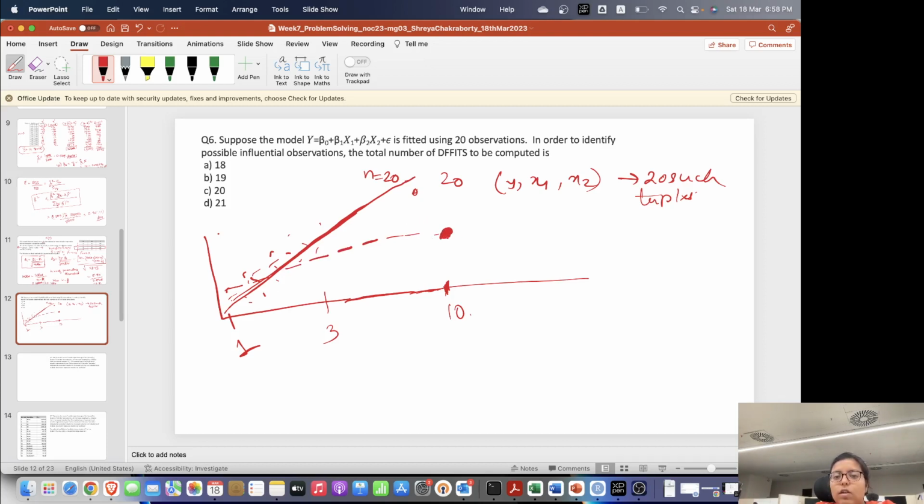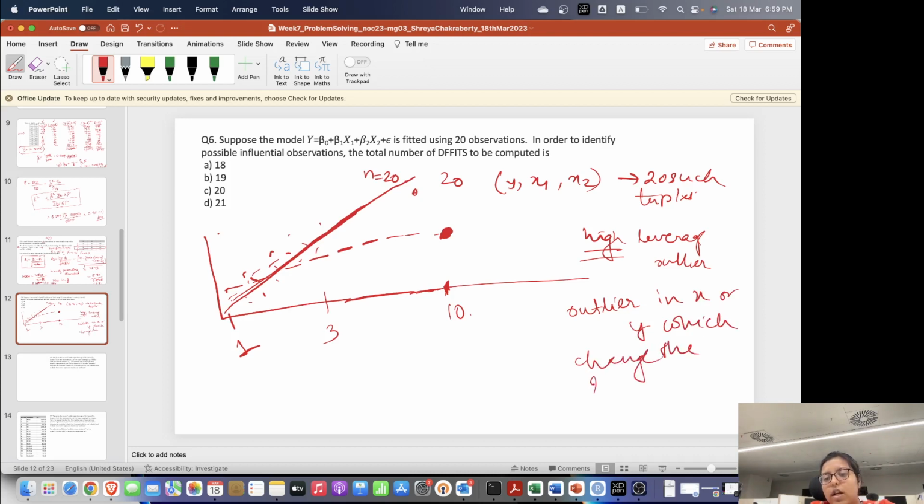So, such observations are usually known as influential observations. So, the actual definition is outlier in x or y which change the regression equation drastically.